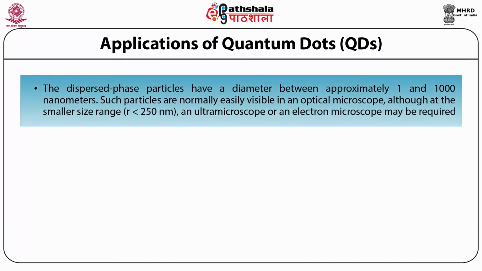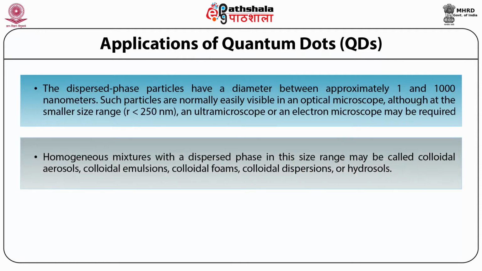The dispersed phase can range from 1 to 1000 nanometers, and these particles are easily observable under an optical microscope. However, for small sized particles, that is diameter less than 500 nanometers, an electron microscope is necessary.